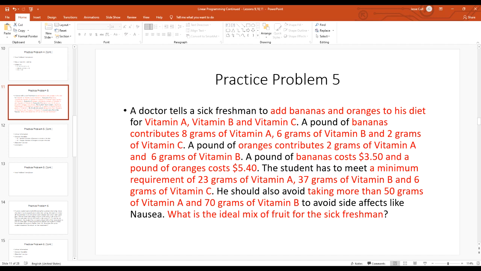When we are adding something to our diet or we are purchasing extra amounts, we have a scenario where we want to add, but we're spending money when we add. So we're in a scenario where we want to minimize the amount of spending.